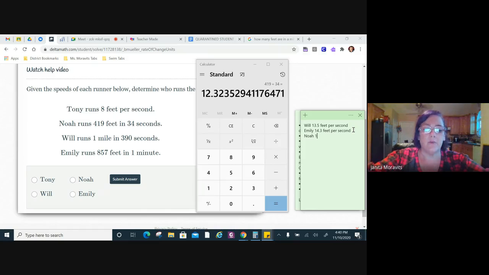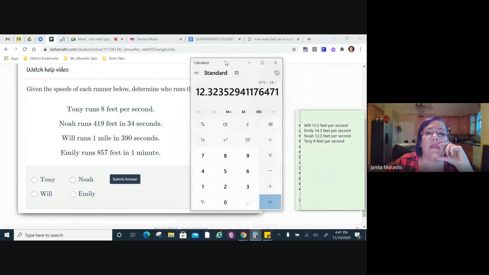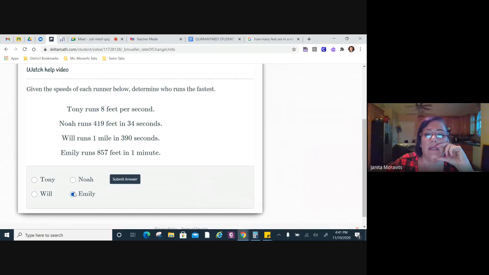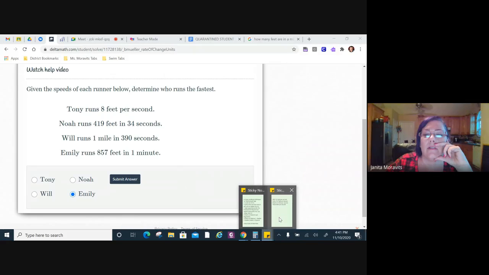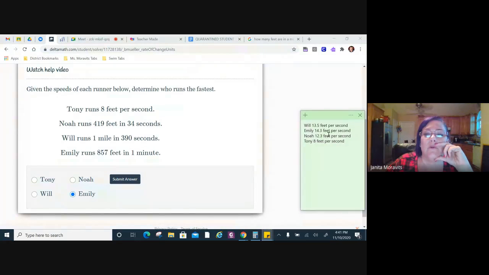Noah is 12.3 feet per second. And Tony, that's a little hard, was 8 feet per second. All right, so who runs fastest? Who's the fastest runner? That would be Emily, because she runs 14.3 feet per second.